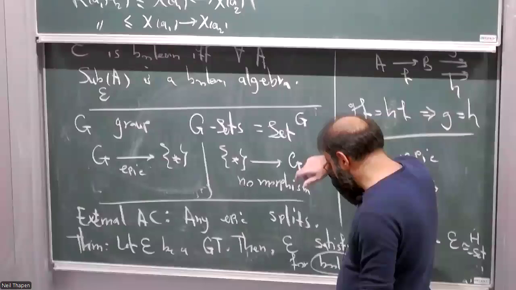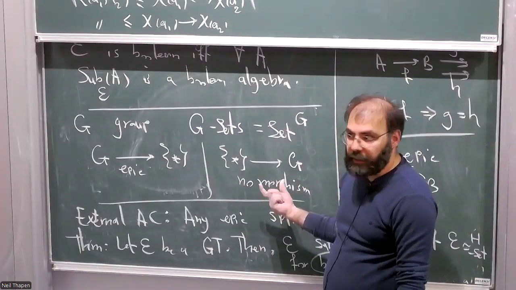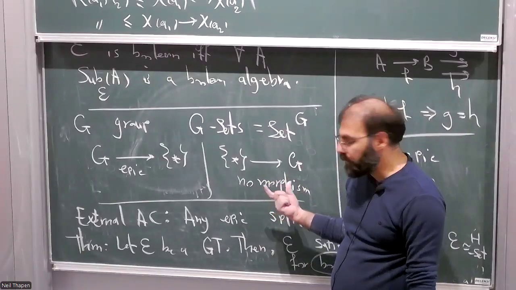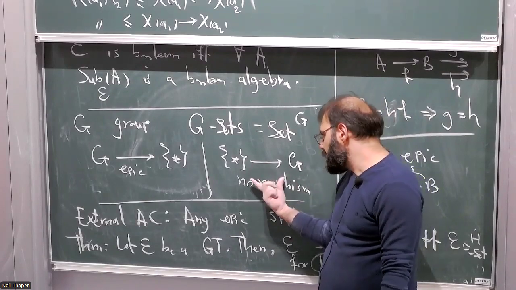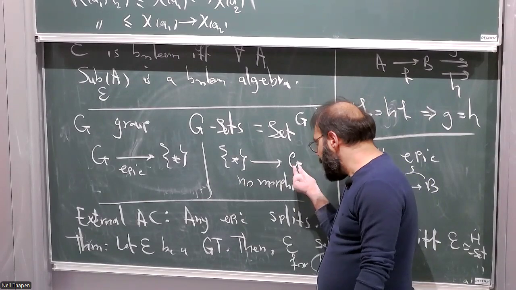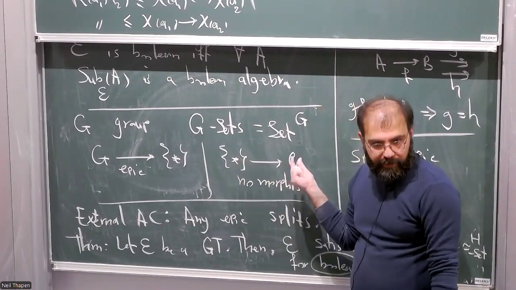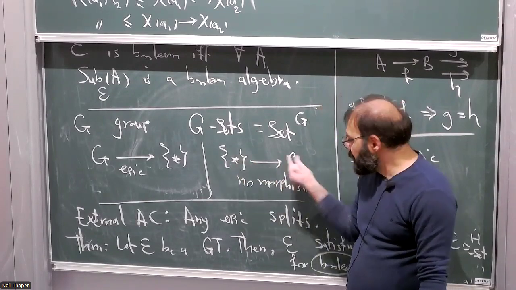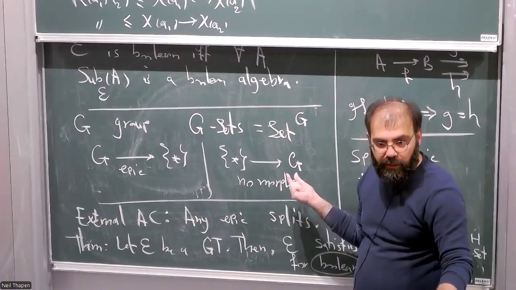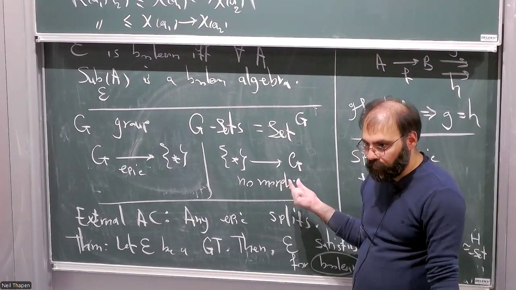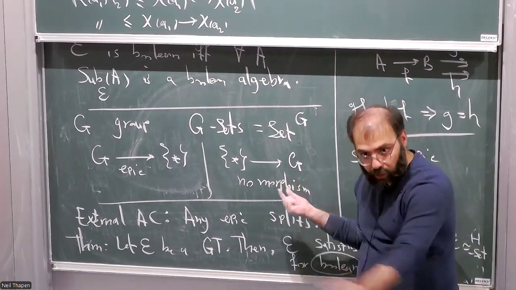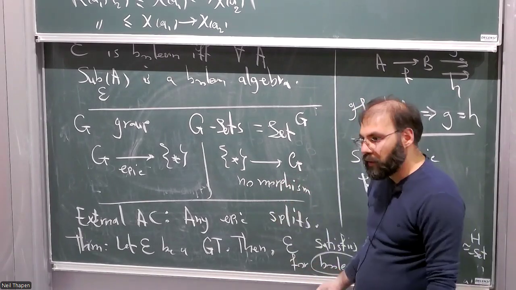If there is a morphism, then it means that you pick one element in G such that it is invariant. But under the action of G on G, there is nothing invariant. Everything moves, right? Invariant under all the actions, so not just one.